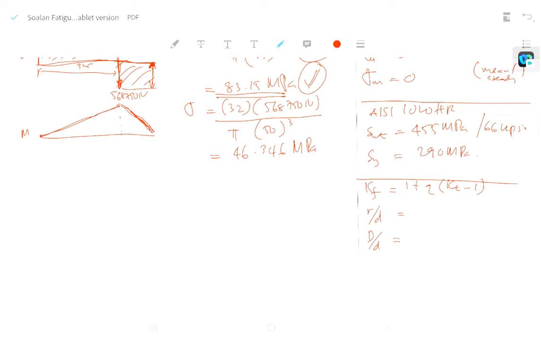The value of the fillet radius is 3, and the diameter is 35.